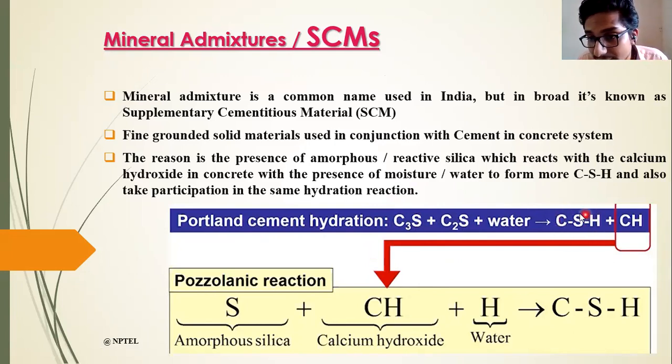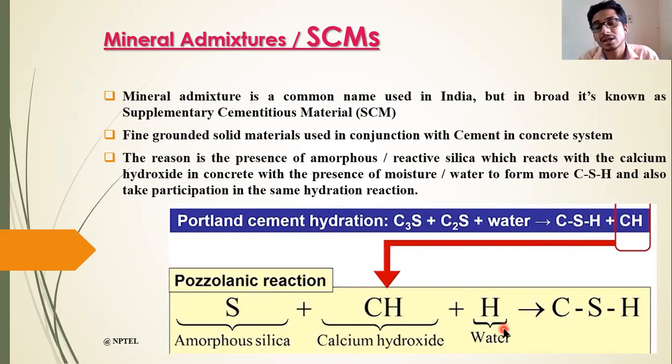Due to this CSH, that calcium silicate hydrate only, we are achieving the binding properties of the cement, and with this extra calcium hydroxide is also forming. So now this extra calcium hydroxide, which is there in the Ordinary Portland Cement reaction product, will react with the amorphous silica which is present in the SCMs.